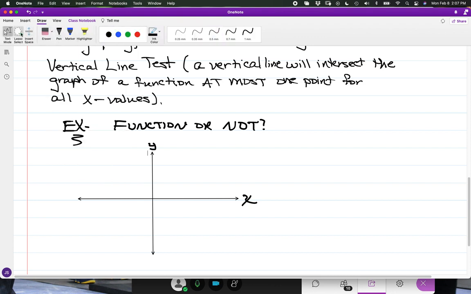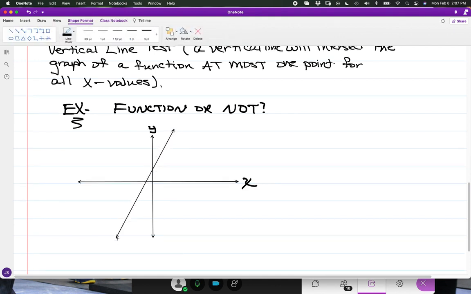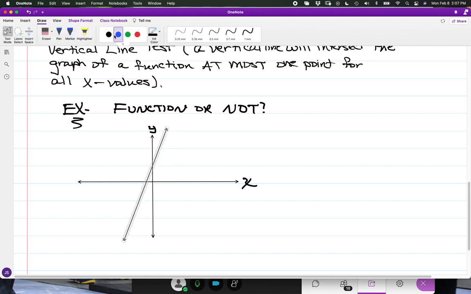And I'll just go ahead and copy this. Let's say we have a function or not, and let's say we have y is equal to f of x. Now I'll explain the f of x in just a moment.